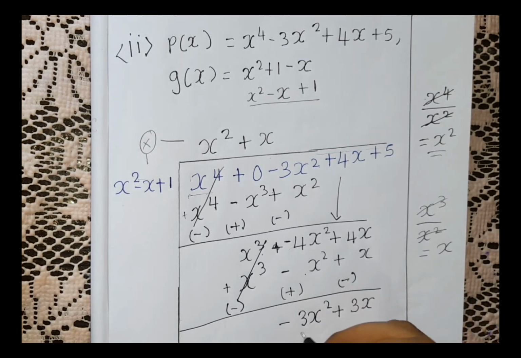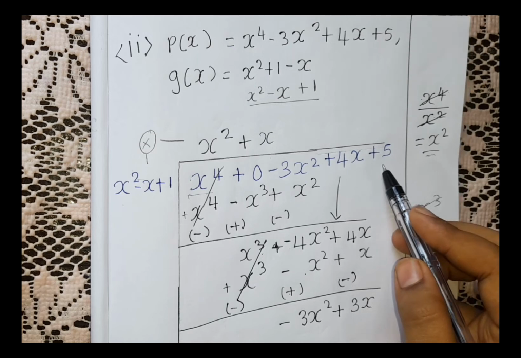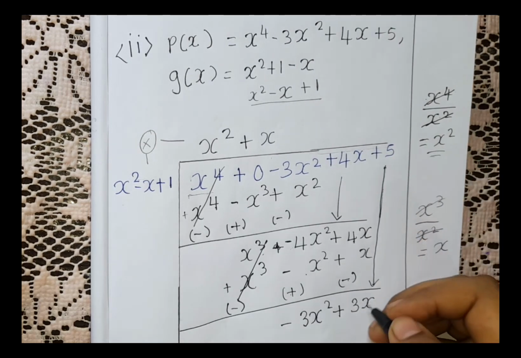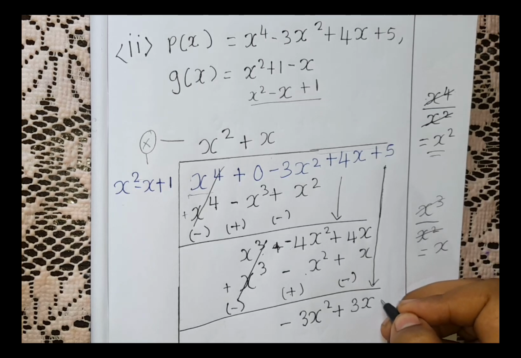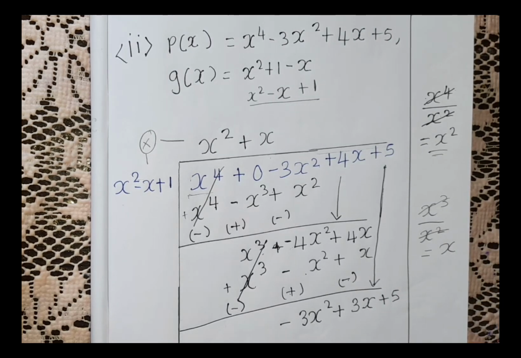So now we got minus 3x square plus 3x, and then here we have plus 5, am I right? So I am going to be taking the plus 5 down right over here. Now we got minus 3x square plus 3x plus 5.